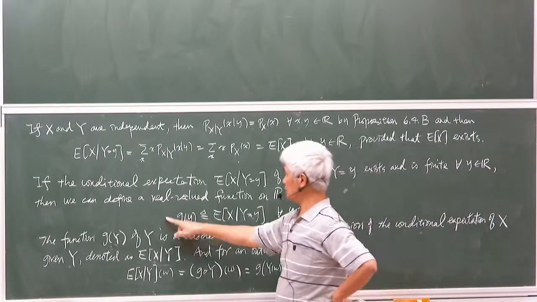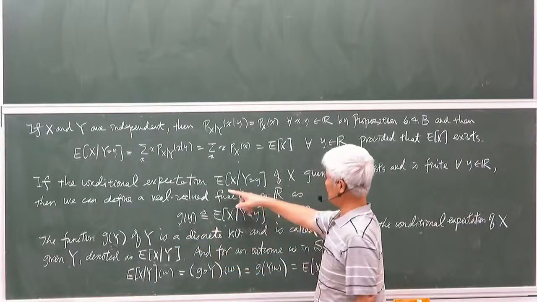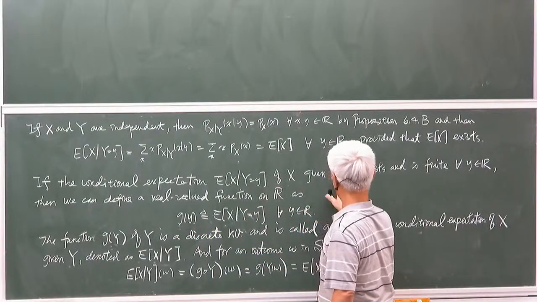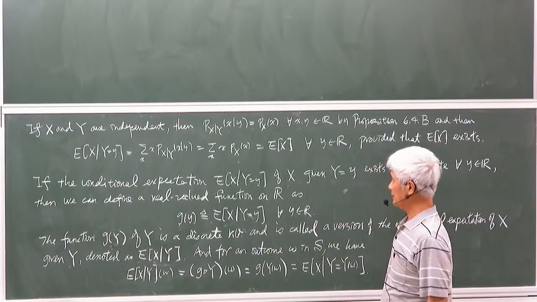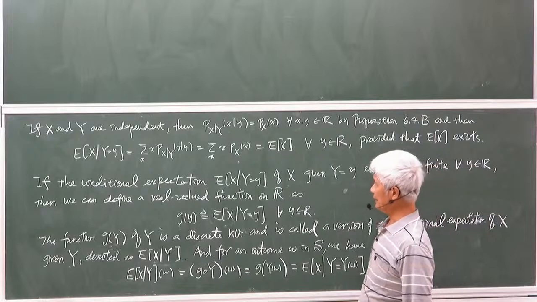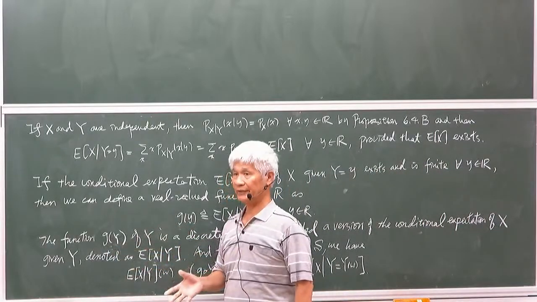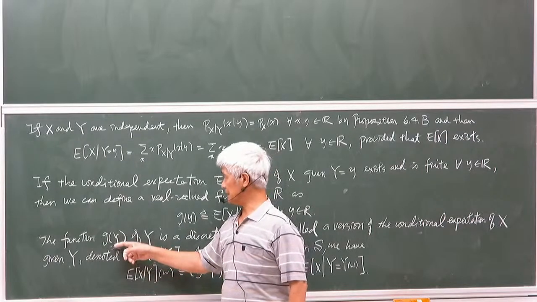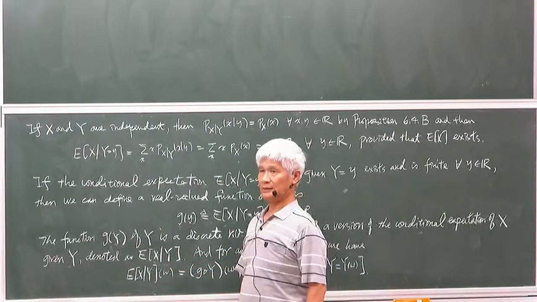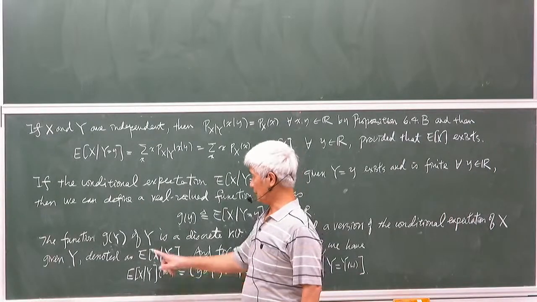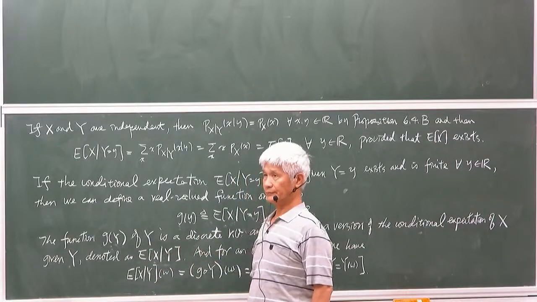This g function contains all the information about the conditional expectation of X given that Y is equal to a specific value. By the construction, this has become a discrete random variable. Because it's a function of Y, that's why we use this notation. So the expectation of X given random variable Y is a random variable.